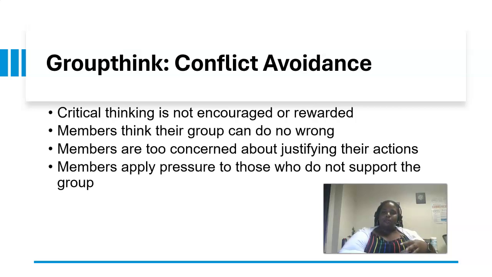And we want to make sure to provide space for conflicting opinions. It's okay as long as we're respectful, and those conflicting opinions could move the group forward. But just make sure you're not peer pressuring your group to comply.